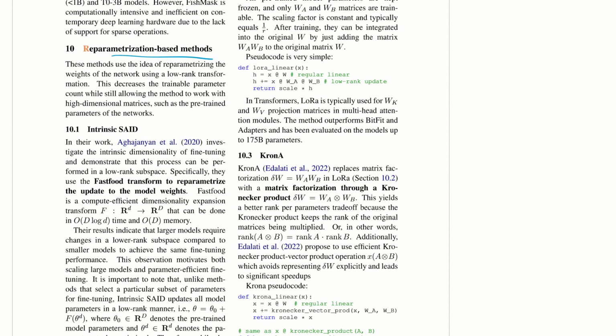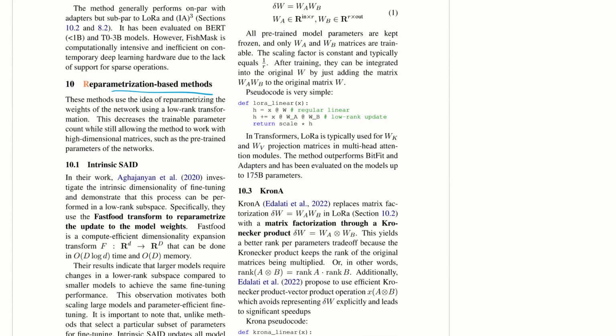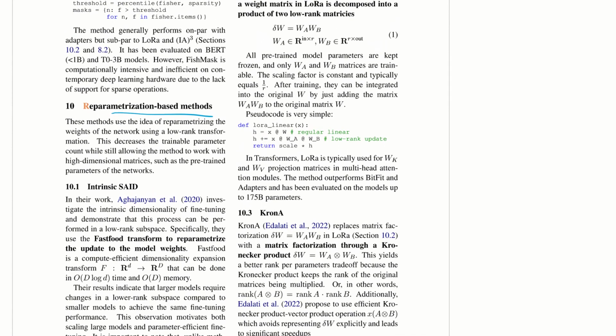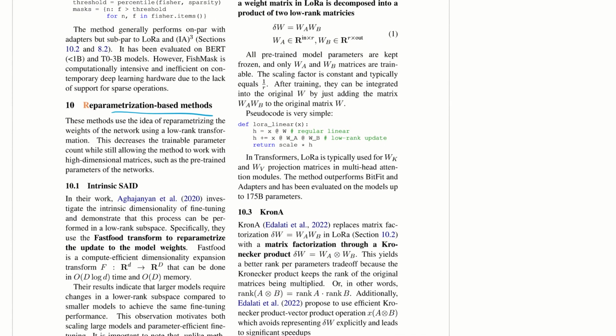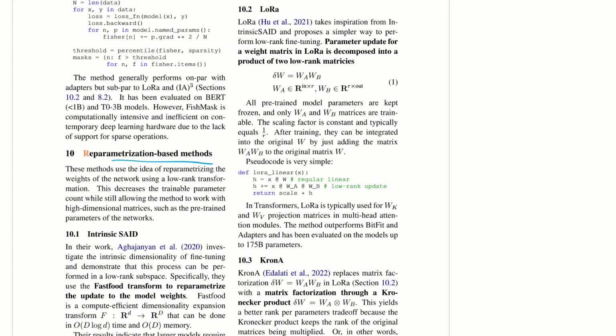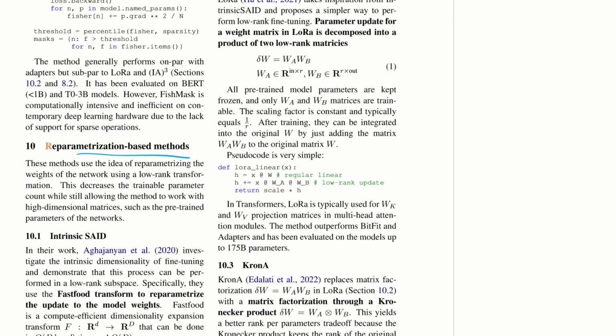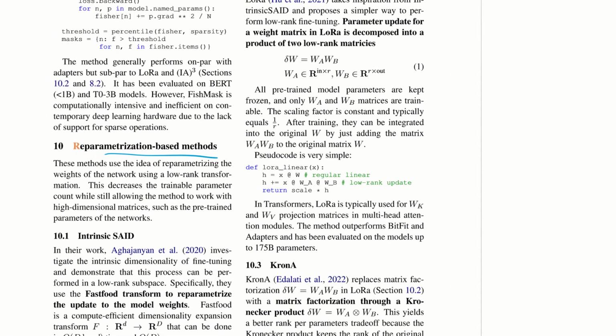Reparameterization based methods. So here, let's actually start by looking at LoRA because this is the easiest to understand. What happens here is really that, like all of the methods, reading the pseudocode is what makes this really easy to understand.